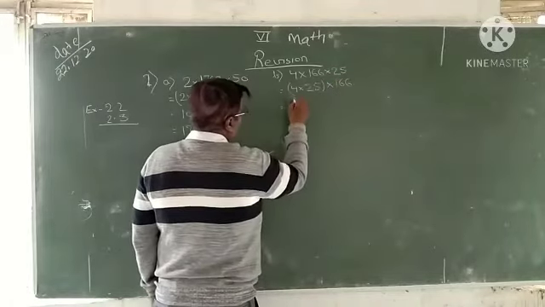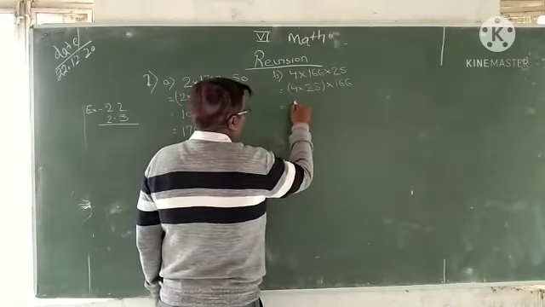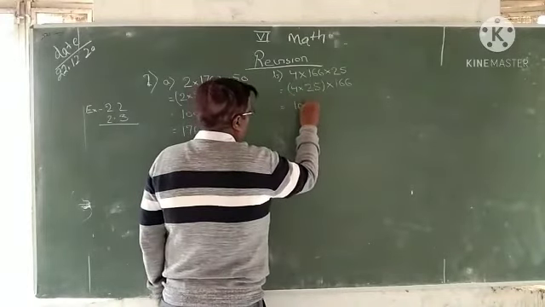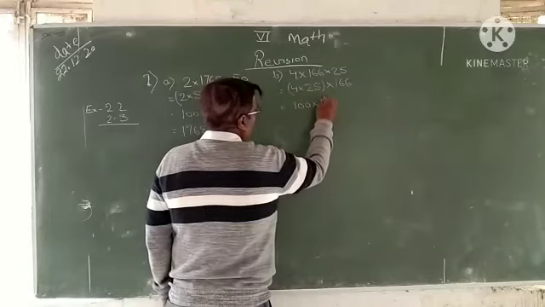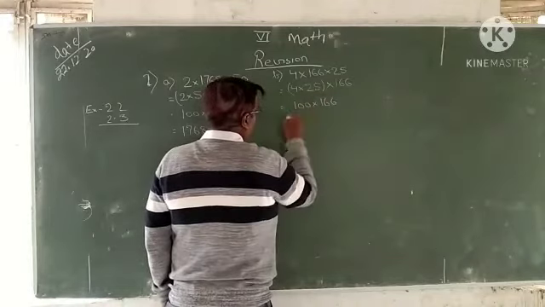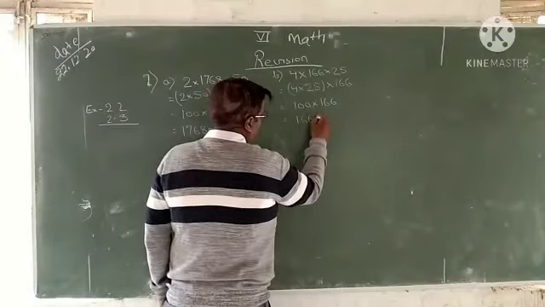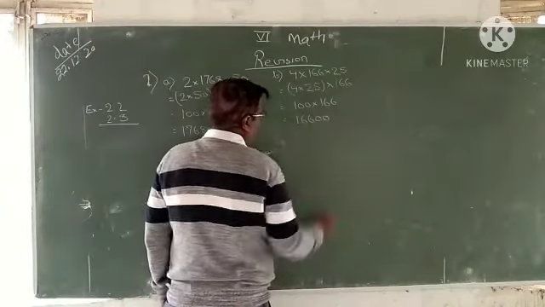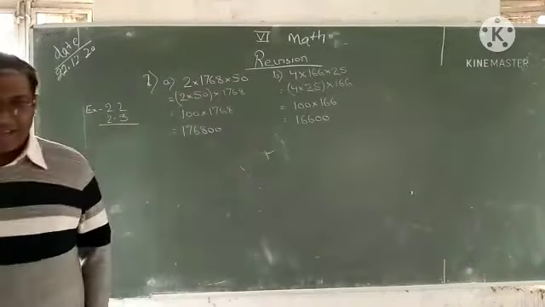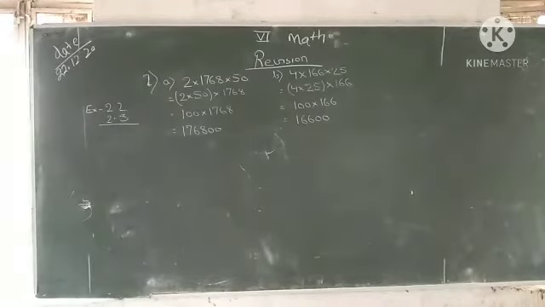So if you calculate 4 into 25 is 100 into 166, it will come as 16600. This is how we find the product.